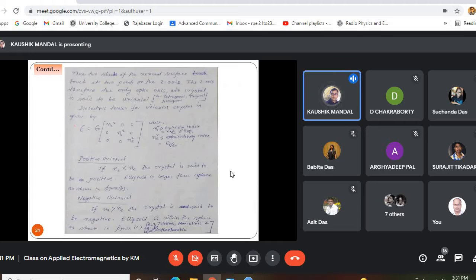So obviously, what should be the dielectric tensor? nx equal to no square, ny equal to no square, and nz equal to ne square. That will be the corresponding dielectric tensor.